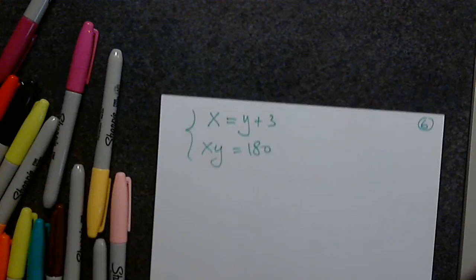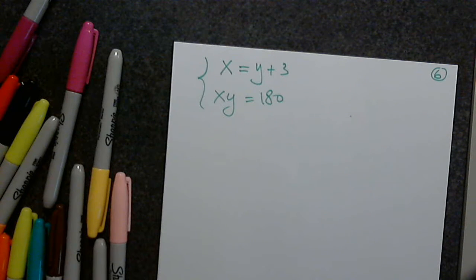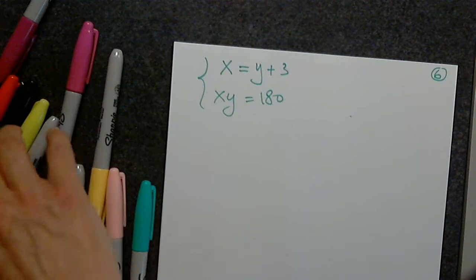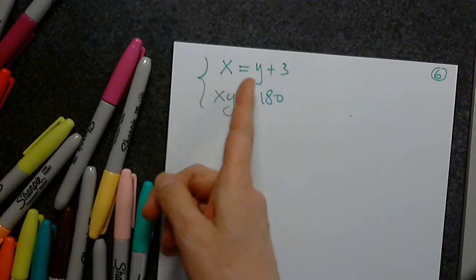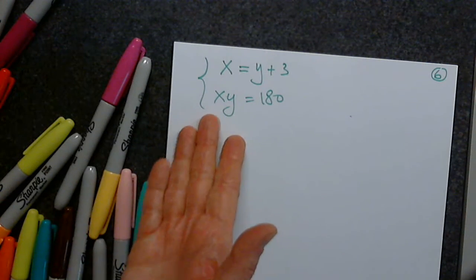What would you recommend we do first? Any suggestions? We could look at the factors of 180. Not yet. What would you do with this? Well, the first equation says x equals y plus 3, and I have x in the second equation.